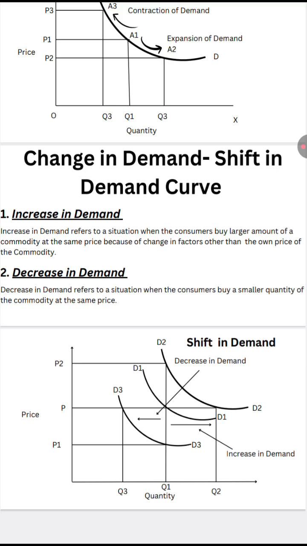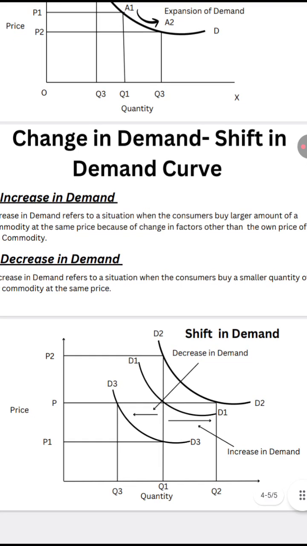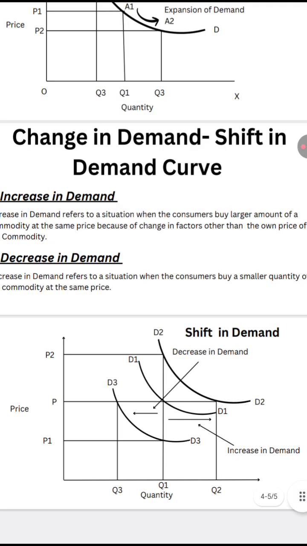We can see in this diagram that the price P is constant. When there is a change in the quantity demanded due to factors like income of the consumer, taste and preferences of the consumer, we can see a rightward shift in the demand curve from D1 to D2, which indicates an increase in demand.